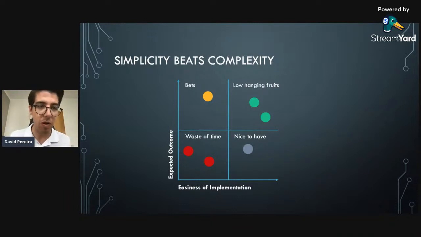What is interesting for us is the two other quadrants, the bets and low-hanging fruits. Low-hanging fruits are the things that are easy to implement and generate a lot of value. These are the things we should do as fast as possible, but we should mix them with some bets, because a common trap in product management is the following.